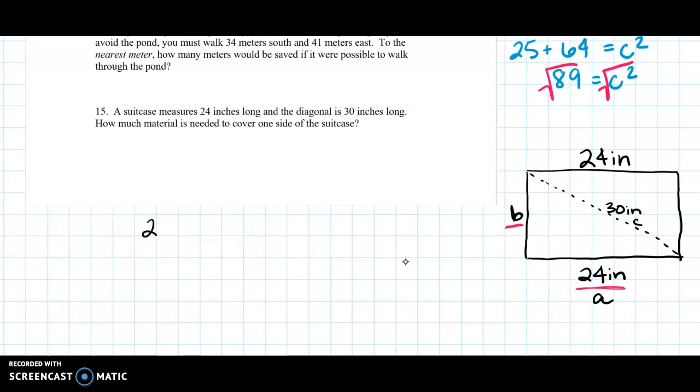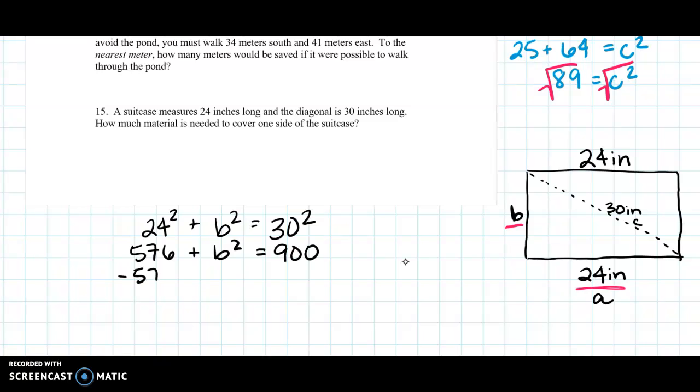So my Pythagorean theorem looks like 24 squared plus B squared is equal to 30 squared. We'll simplify what we can. 24 times 24 is 576 plus B squared is equal to 30 times 30 is 900.